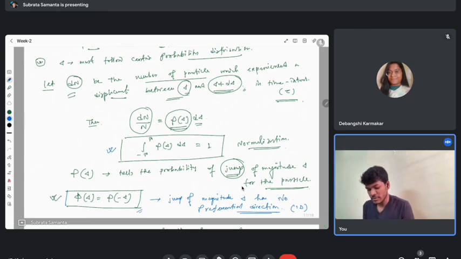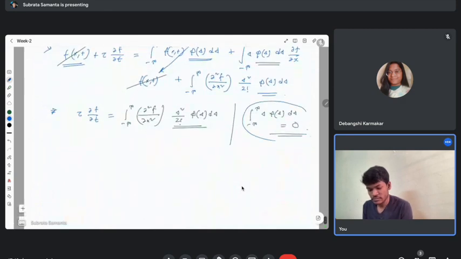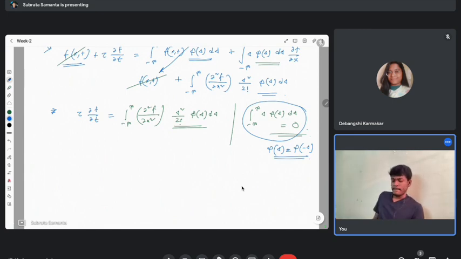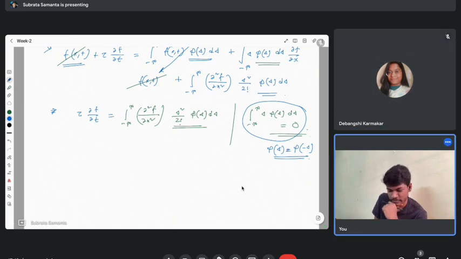So this distribution was just this. If we do this, why is this integral then 0? We consider phi delta equals phi minus delta. So why is this integral 0, understood, right?